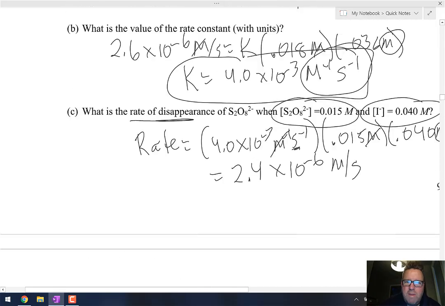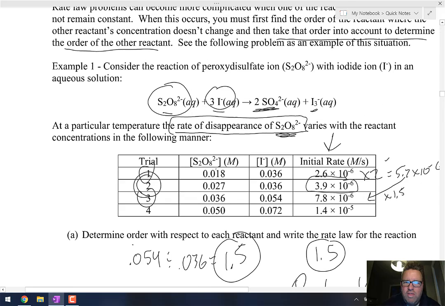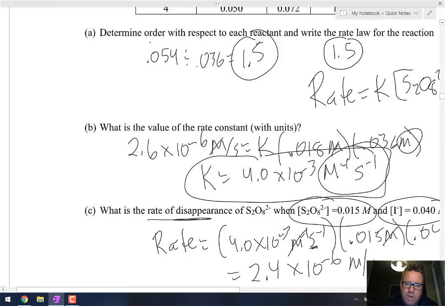Based on that balanced equation, we know that 1 mole of S2O8 is going to react with 3 moles of I minus. What that tells us is that the rate of disappearance of I minus is going to be 3 times faster than the rate of disappearance of S2O8 2 minus. And we can show that mathematically.